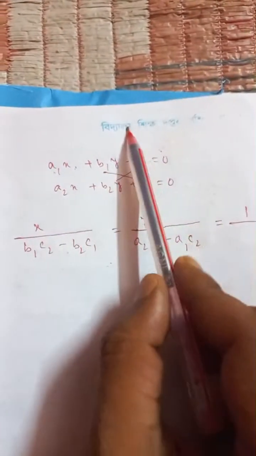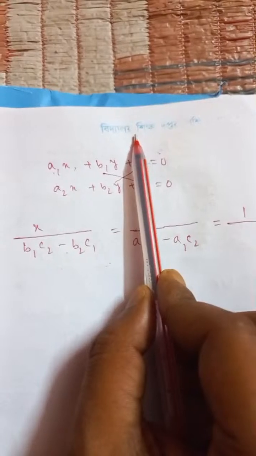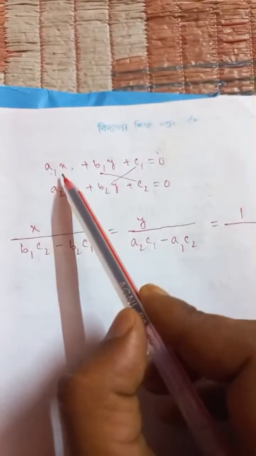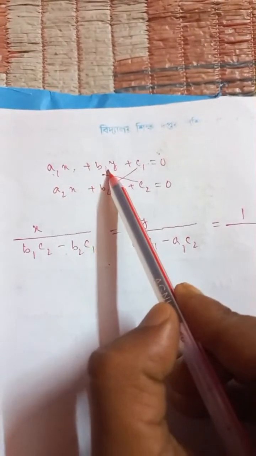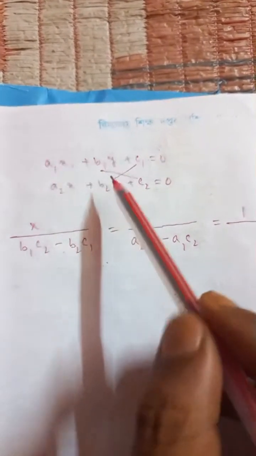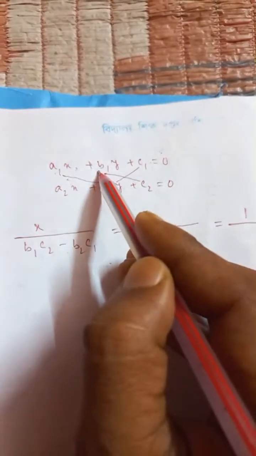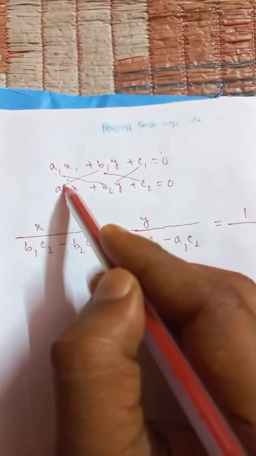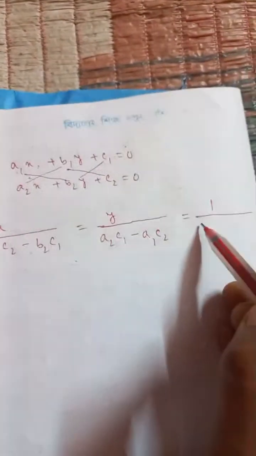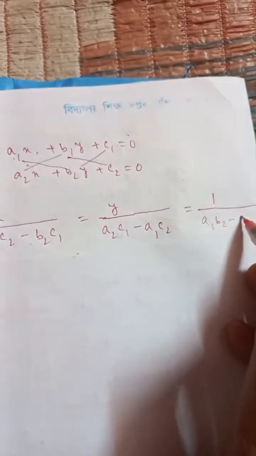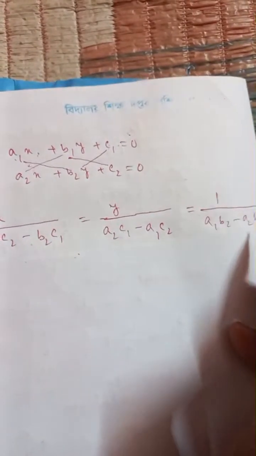And for the last we again do the same. So the first term will be this and the second term will be this, and we multiply these two first and then these two later. This will be a1b2 minus a2b1.